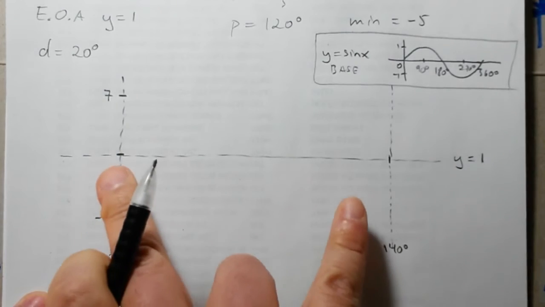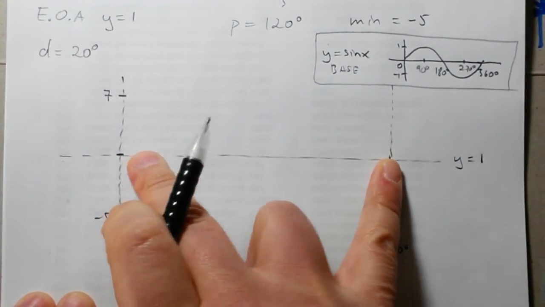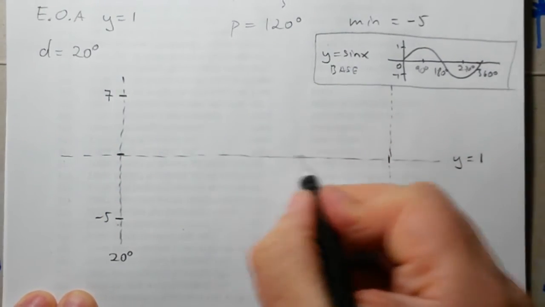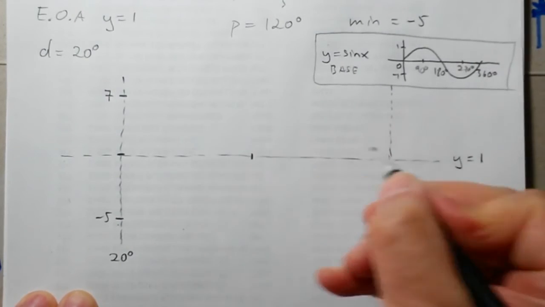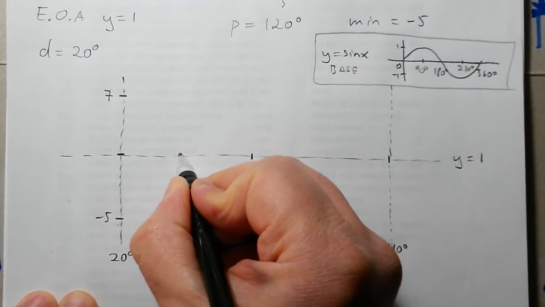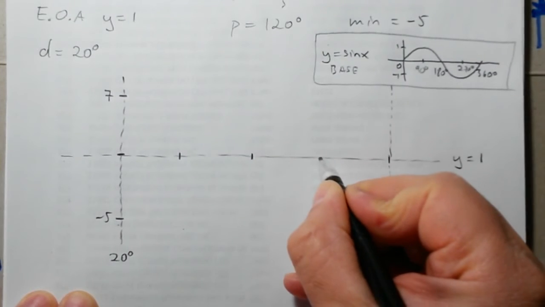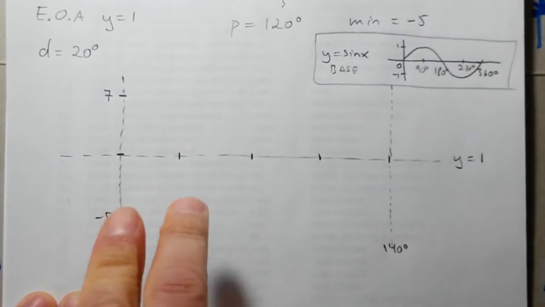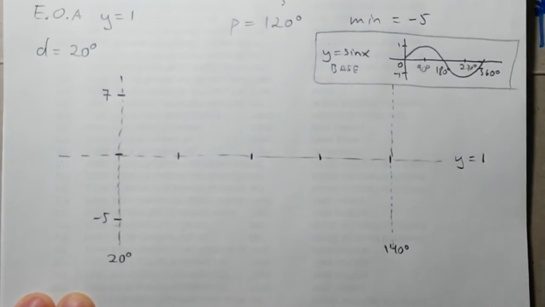Now the period from here to here is 120, so let's divide this in 4 parts. Halfway between these two points, halfway between these two and halfway between these two. So we have 4 parts: 1, 2, 3, 4.